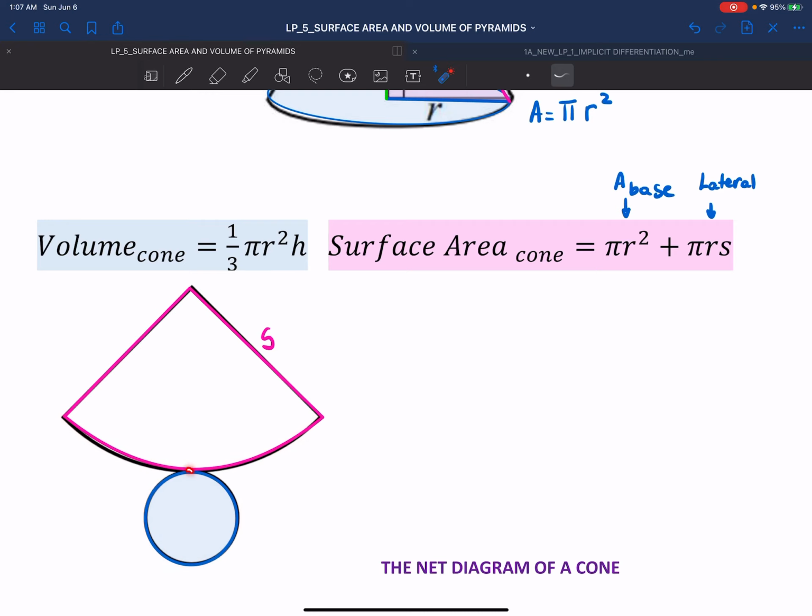The bigger the circumference, the bigger this size in here, okay? And a bigger circumference will happen for a bigger radius, okay?